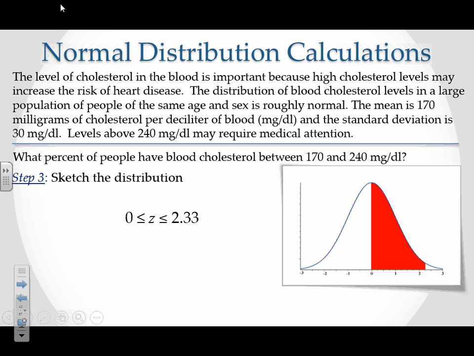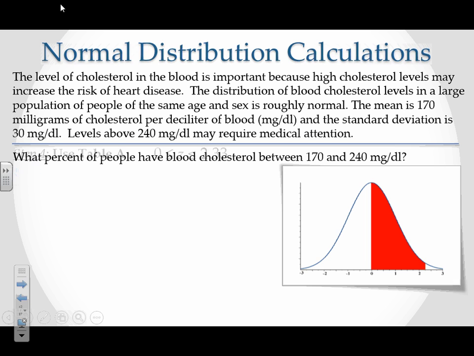Use the table. So what are we going to look up on the table? What two values do we need to find on the table? 0 and 2.33, right? So we'd have to look up 0 and we'd have to look up 2.33. We have to find both values.